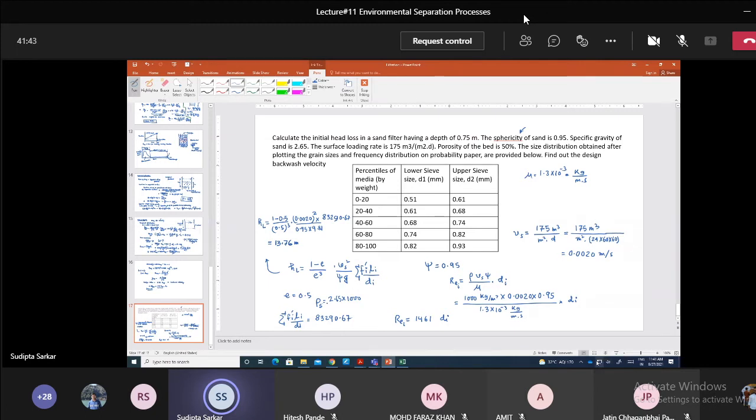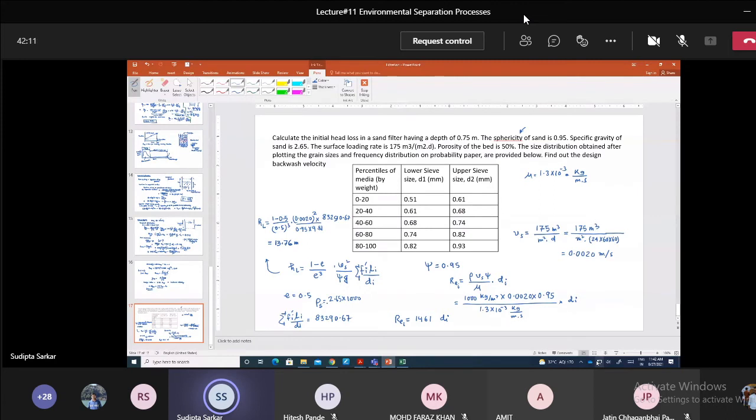I would say it's a relationship between... it's not a drag force. We use it as a relationship, just a coefficient here. Or we can say this is a friction factor. That will be a better term.